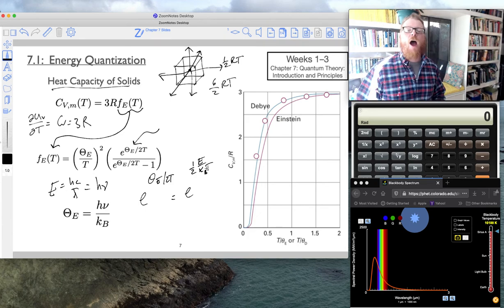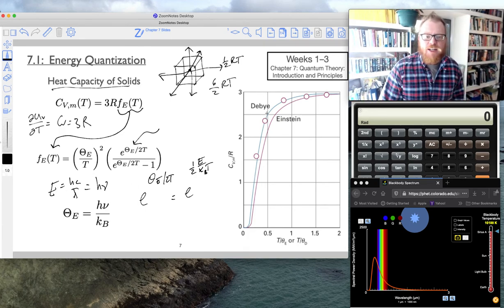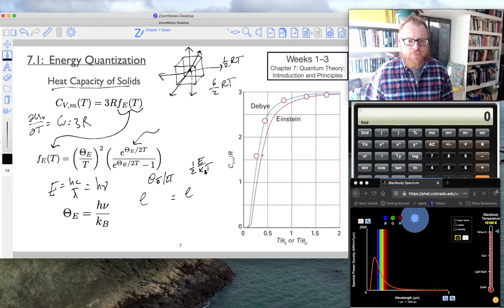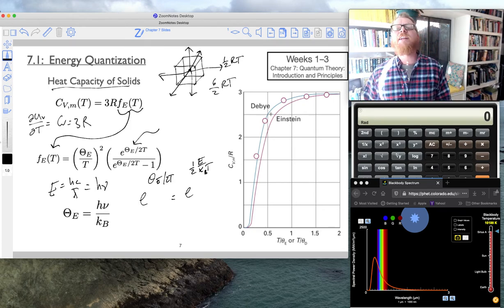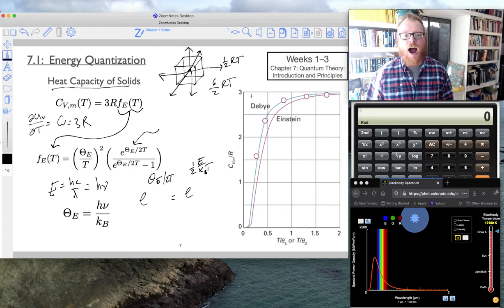Now, I talked about this a little bit last semester, but there are slight differences between the Einstein temperature and the Debye temperature. And I don't want to get into a lot of those details. They both do a really good job at approaching this 3R when you're at a sufficiently high temperature.